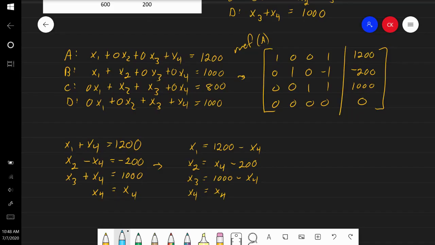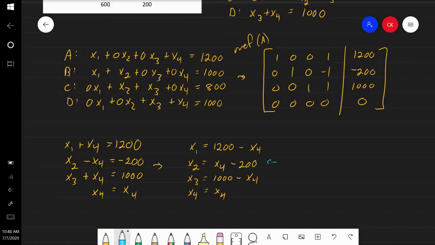Each one of these now tells us that there's a little bit of a restriction possibility on x4. We can't take it to be just anything. And if we just draw out what this particular statement here for x2 is saying, it looks like if x4 is too small, in other words, the carrying capacity for that street does not carry enough cars, then we're going to end up with a negative flow, which means, I guess, that somehow cars are going backwards or something like that, which we clearly don't want.